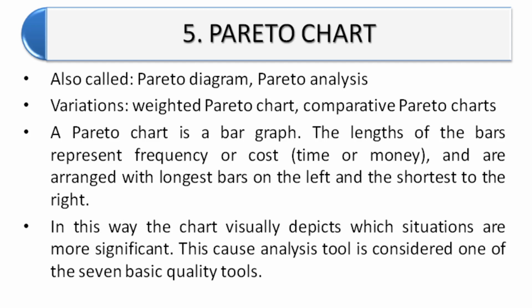The bars with the highest frequency you plot on the left, and those with the least you plot on the right. In this way the chart visually depicts which situations are most significant. This cause analysis tool is considered one of the 7 basic quality control tools.